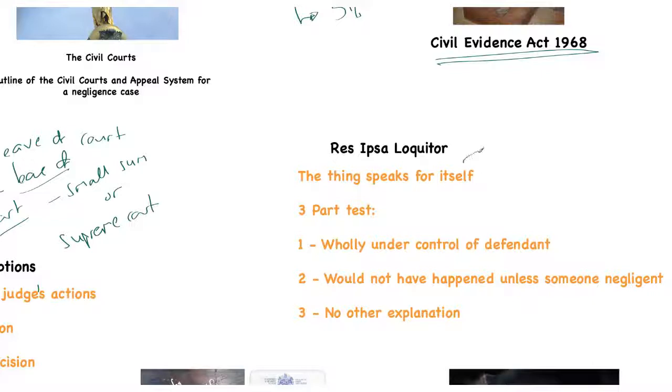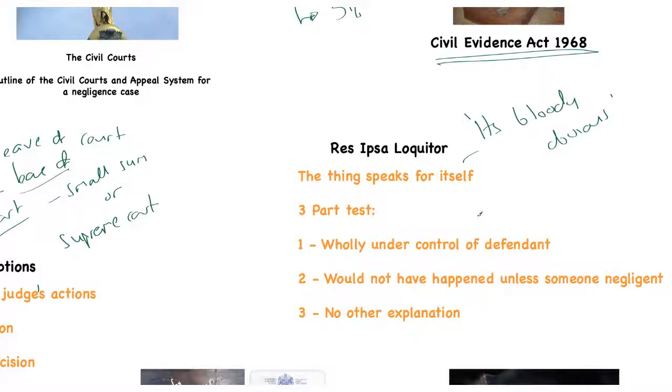So, I guess you could say res ipsa is something like it's bloody obvious, if I'm allowed to slightly curse. If something's bloody obvious that the only way that it could have happened was by the actions of the defendant, then the claimant doesn't have to prove it.